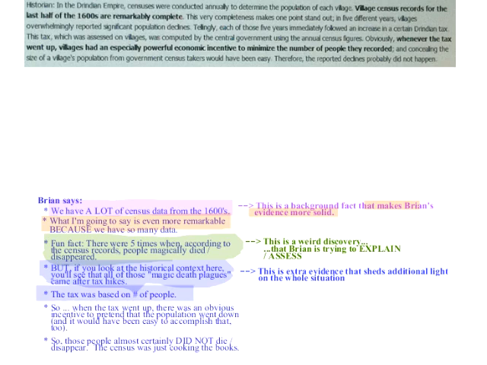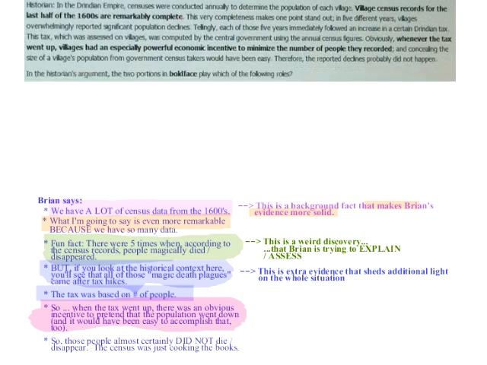This is more of that evidence. Okay. Now what about this one? What about, what color have I not used? Red. When the tax went up. What is that? Is this a fact, or is this something that Brian is like concluding or claiming?